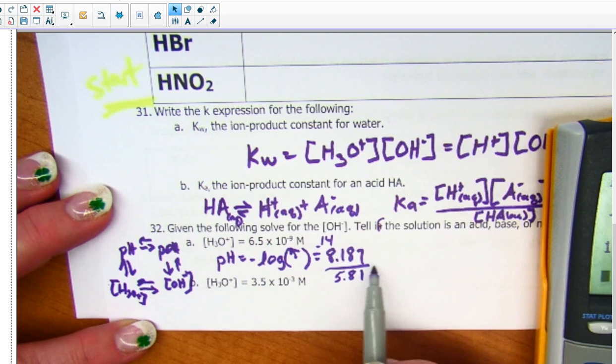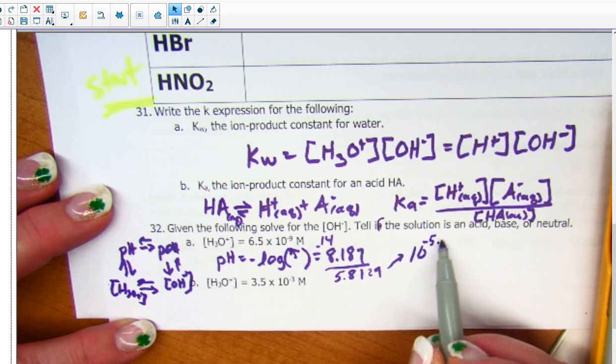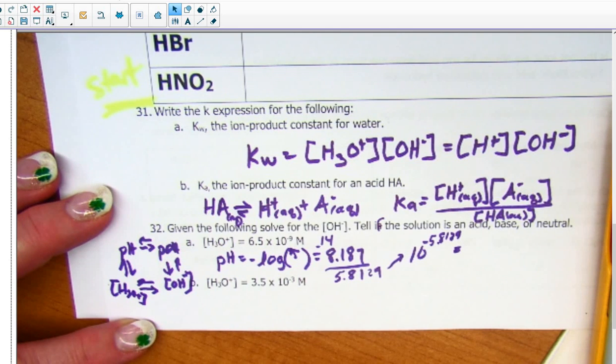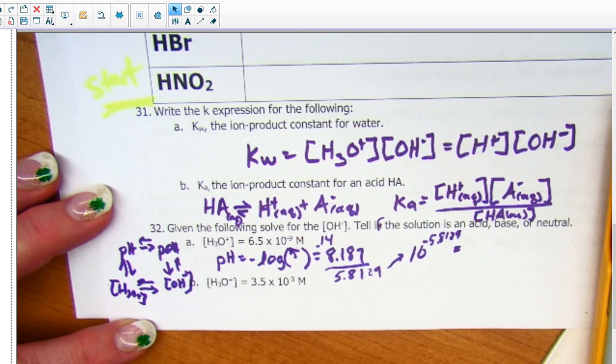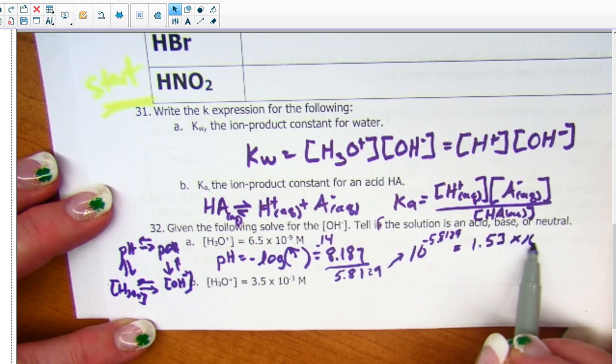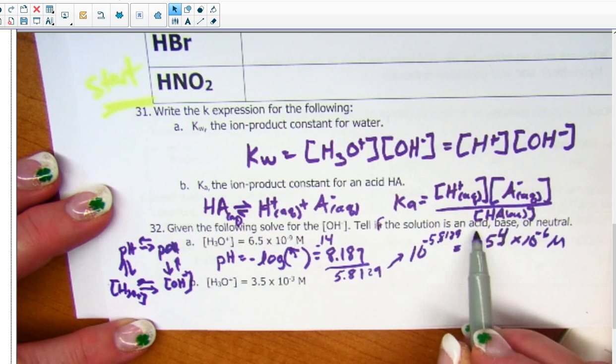At this point, I probably would drop the other one, but you could take it to 9 if you want to. Then to get down to the concentration of hydroxide, we go 10 to the minus 5.8129, equals 1.53 times 10 to the negative 6 molar.